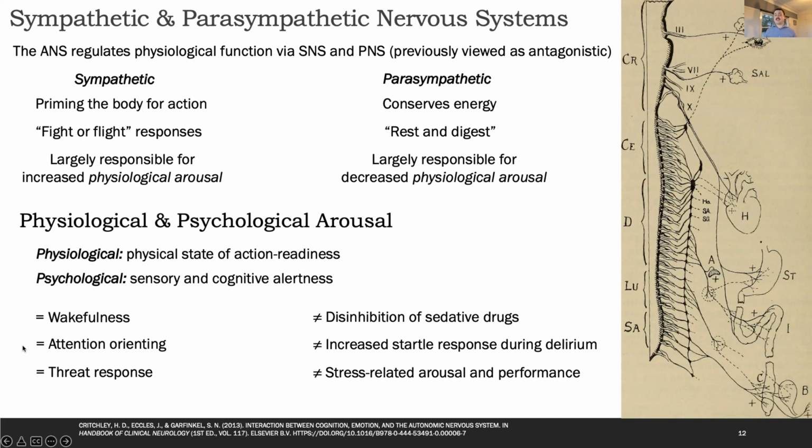However, there are some notable exceptions. So with sedative drugs like alcohol, people can become very psychologically alert and very active, while their physiological systems are kind of slowing down. We also see when people are experiencing delirium, we do see increased physical states of readiness. And also there's a very famous relationship between stress-related arousal and performance.